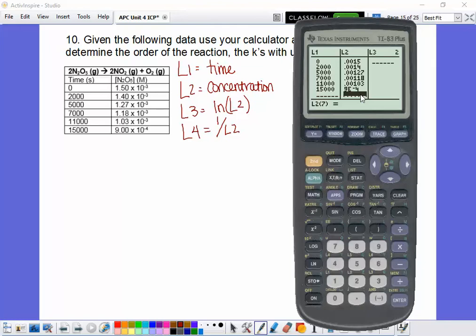Instead of calculating each one and writing it down, scroll up so that you're highlighting L3, then type natural log, which is this Ln button, of L2. To type in L2, you do second and then the 2 button, because that's the second function of 2. Then press enter, and that does the natural log of every single thing that was here.